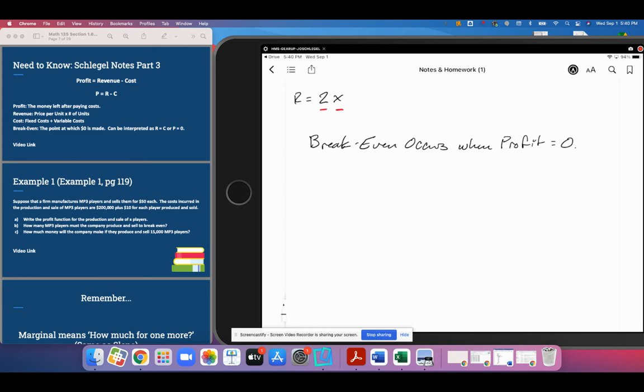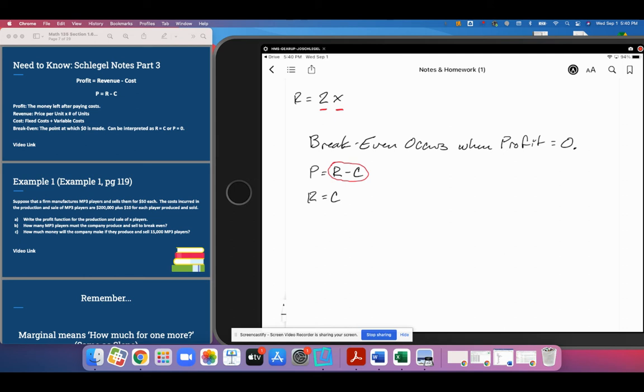Since we have established a moment ago that profit is equal to revenue minus cost, if the value of revenue minus cost is 0, it would mean that those 2 numbers were the same, because something minus itself is 0. And so from that, we can say that, hey, if profit is 0, and that means that's when break even occurs, break even also occurs when revenue is equal to cost.